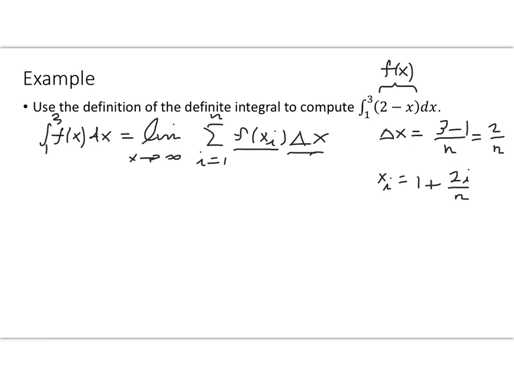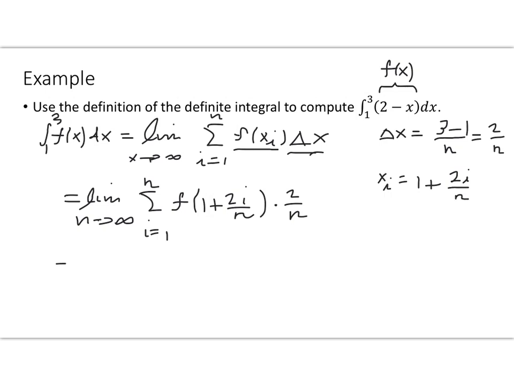So if we replace those things in our computation, we're taking the limit now as n goes to infinity of this sum, i equals 1 to n, and we've got f of 1 plus 2i over n times 2 over n.